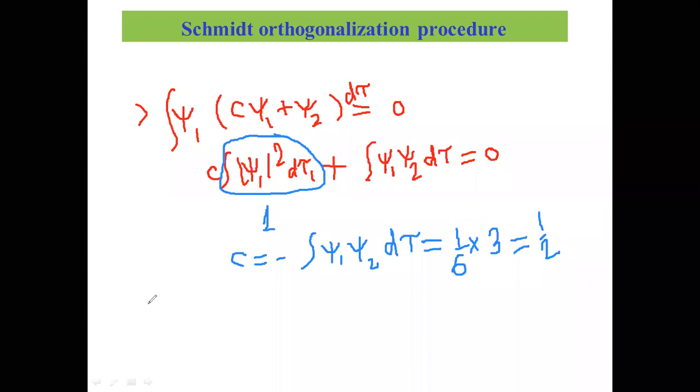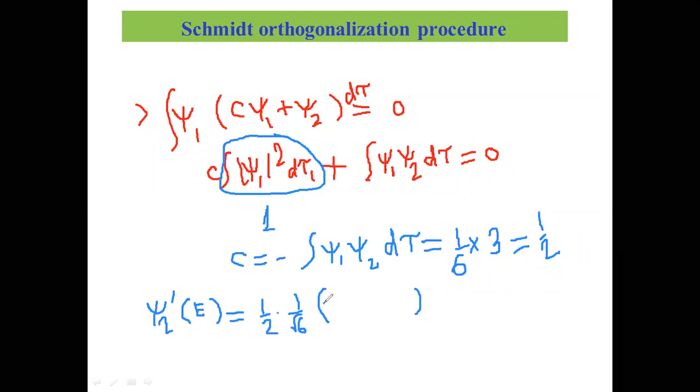So I'm having my new psi 2 prime. Of course, representation is E, is going to be my psi 1, right, into half, right? So that was my function, this one. So half into psi 1 was again something like 1 by square root of 6, and whatever the value you are going to get.